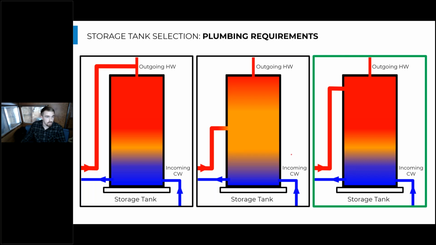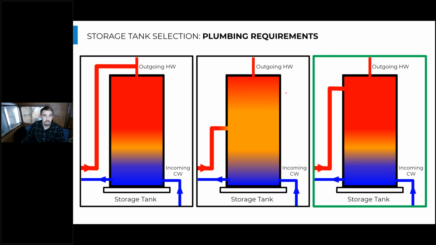And something that is a little bit less ideal in the middle here is we still have separate heat pump connections. We have cold connections on the bottom, but oftentimes a stock tank is going to have this second connection not very far up the side of the tank. So if you're trying to dump hot water right in the middle of this tank, which is really close to this cold water, then you'll have this mixture of lukewarm water in the middle and then hot water on the top.